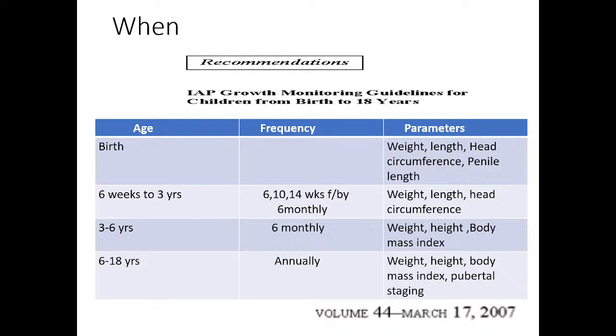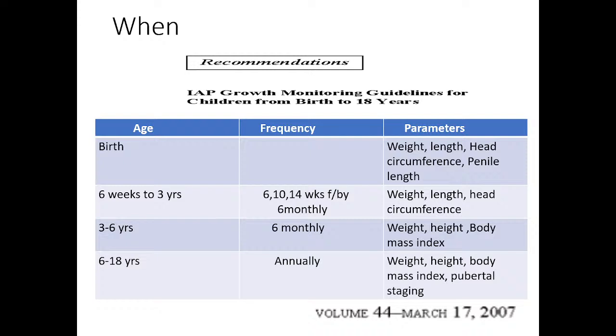And from 6 to 18 years, you need to check growth annually with weight, height, BMI and pubertal staging. What I suggest is, doctors usually ask adolescent girls or boys, who don't want to come to the parents, to go ahead with pubertal staging.